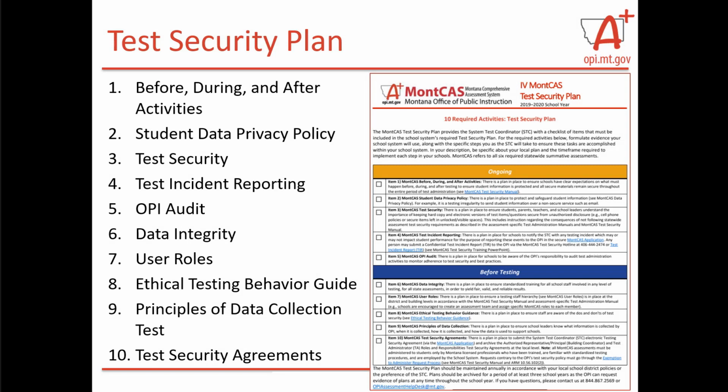Plan 2. The test security plan is important as it covers these 10 items, which are foundational to safeguarding the assessments and upholding the integrity of the data.